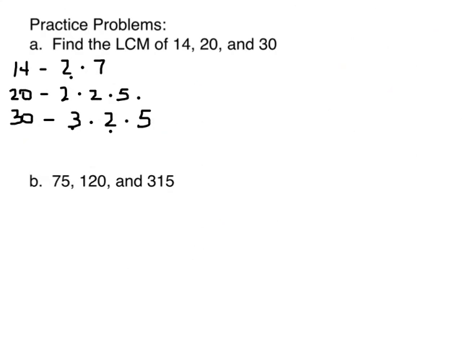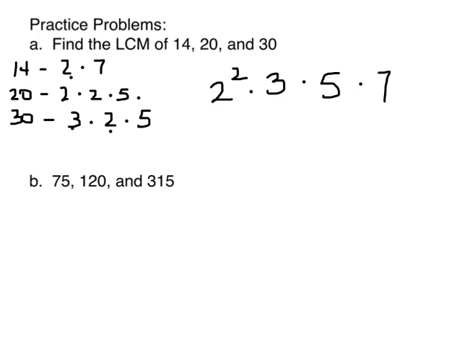Here I have 1, 2, here I have 1, 2, but in 20 I have 2 squared, so I'm going to use 2 squared. I only have 1, 3. I have 5 once in 2 different numbers, so it's 5 to the first, and then I have 7.